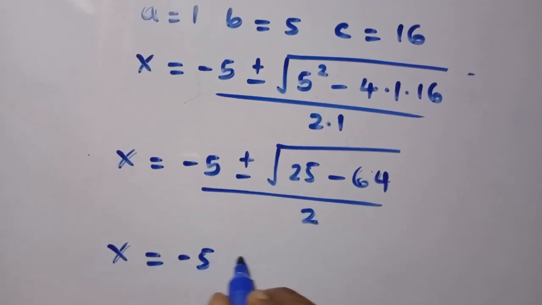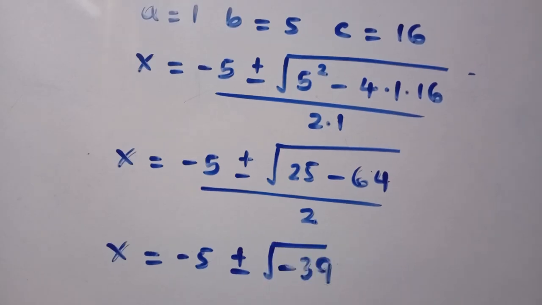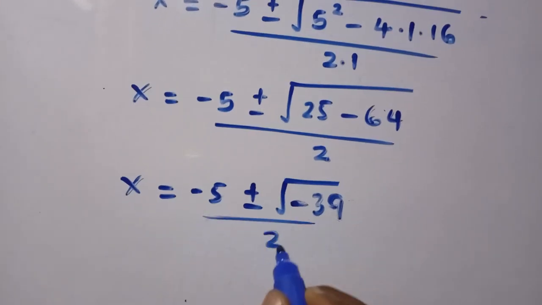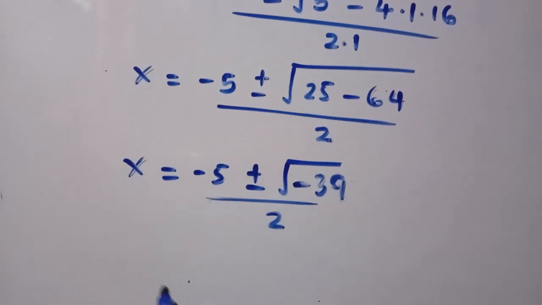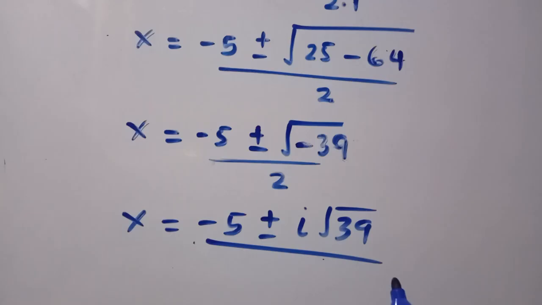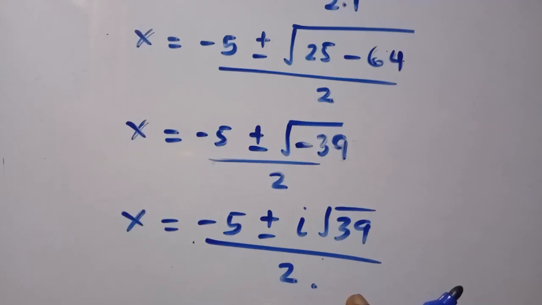Here we have minus 5 plus or minus the square root of minus 39 divided by 2. And here is a complex root because our x here equals minus 5 plus or minus i root 39, divided by 2. And this is where we stop, as we get 4 different answers, 2 complex and 2 real roots.